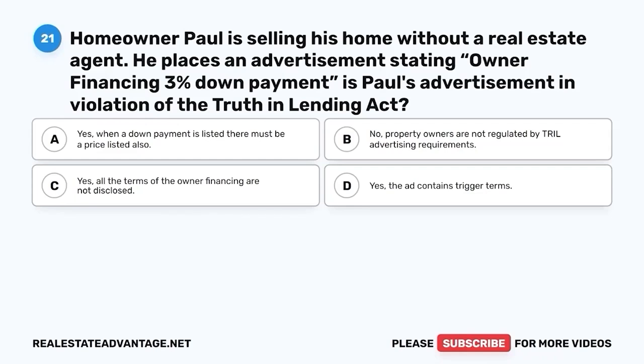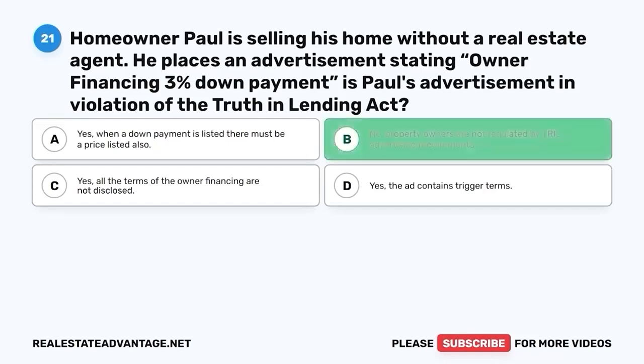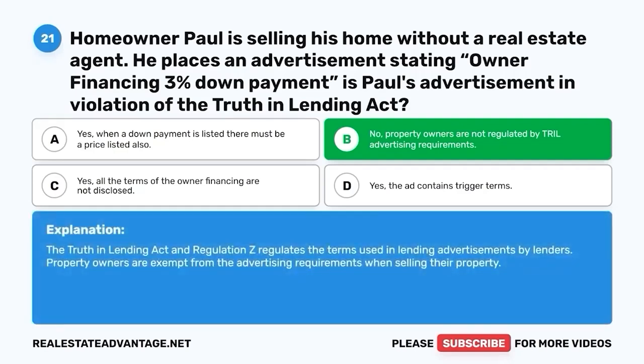All the terms of the owner financing are not disclosed. D. Yes. The ad contains trigger terms. The correct answer is B. No. Property owners are not regulated by TILA advertising requirements. The Truth in Lending Act and Regulation Z regulates the terms used in lending advertisements by lenders. Property owners are exempt from the advertising requirements when selling their property.